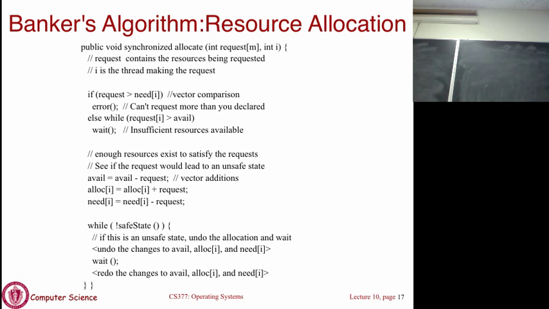Of course, if you're requesting more than the number of resources that's currently available, then obviously you have to wait, you can't proceed immediately. But if you get past that point, it means there are enough available resources to give you the ones you requested. Now we need to actually check if giving you those resources would lead to a safe or an unsafe state.